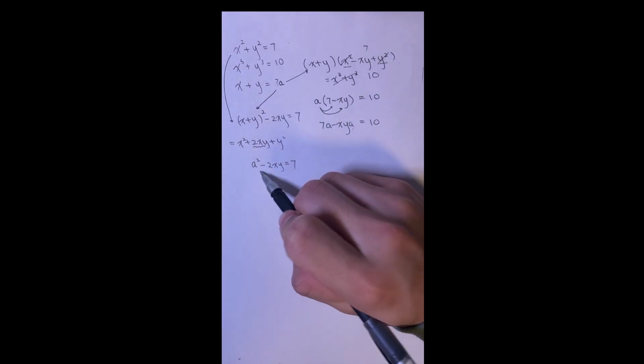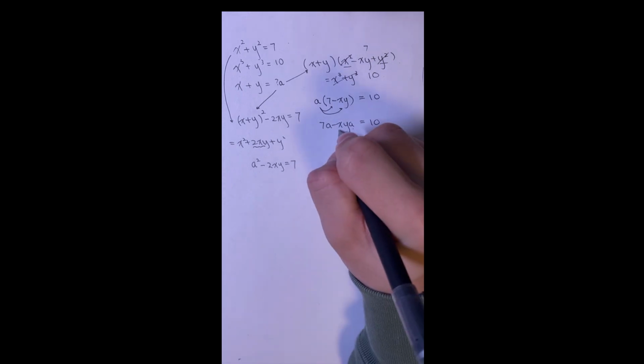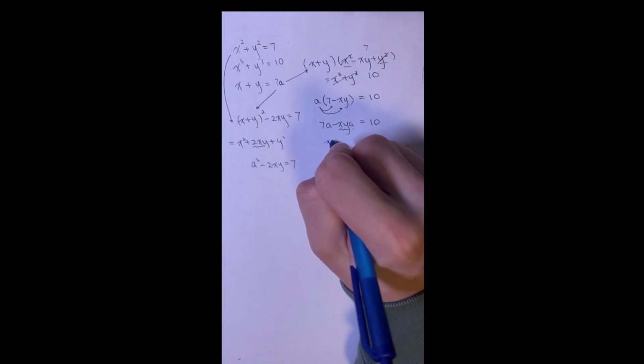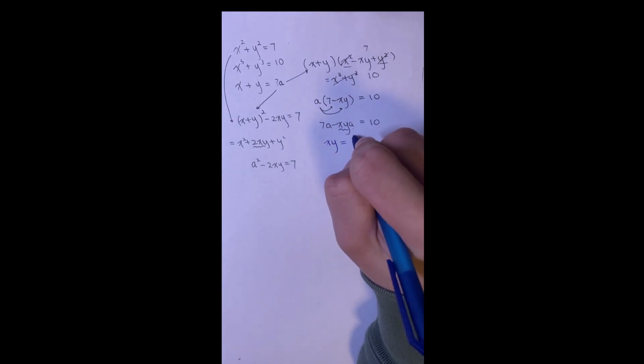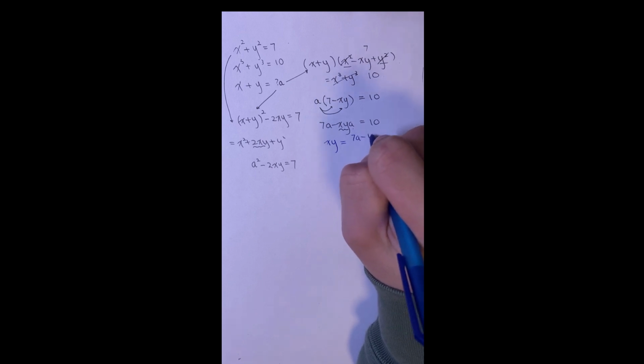Now what we can see here is that apart from having the a as the same thing between these two equations, we also have a common xy. So we can input this into this equation. Let's use that now. We can do xy equals (7a minus 10) divided by a.